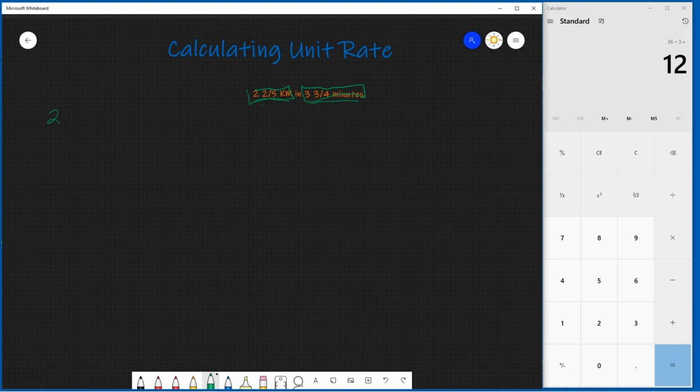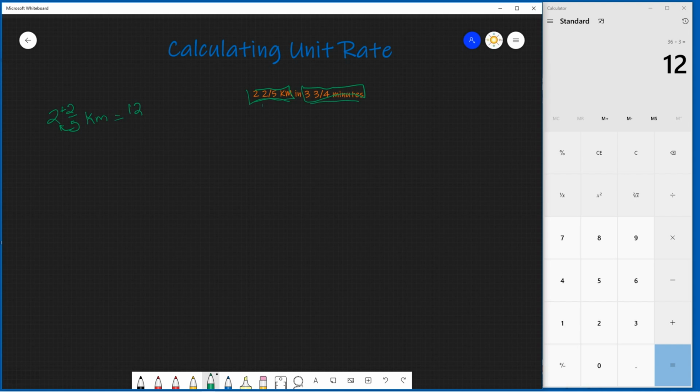So 2 2/5 kilometers. Let's make this into an improper fraction. And that would be 2 times 5 is 10, plus 2, that would be 12.